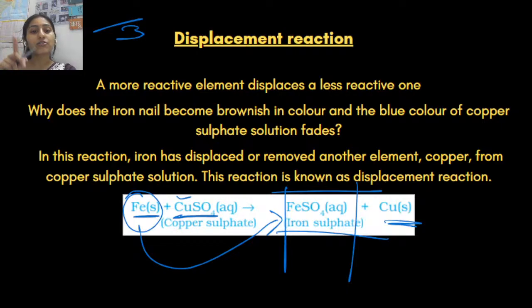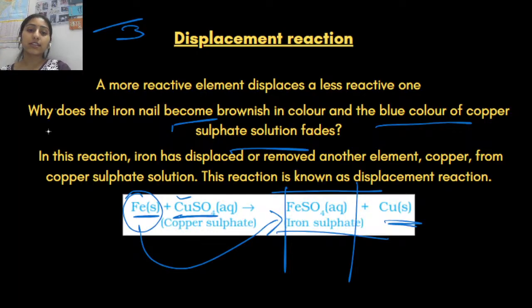This is also why the iron nails become brownish in color, or the blue color of copper sulfate solution fades. The copper sulfate solution is usually blue in color, but when it reacts with iron, because iron is more reactive, it displaces copper in copper sulfate and results in the formation of iron sulfate.